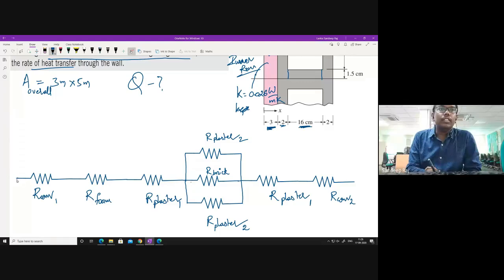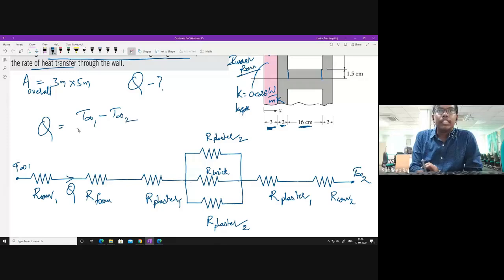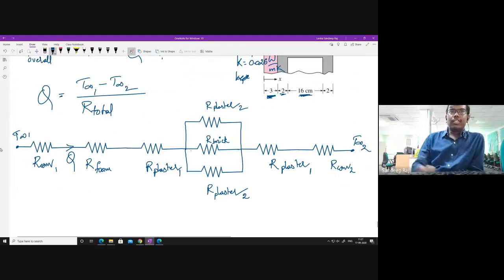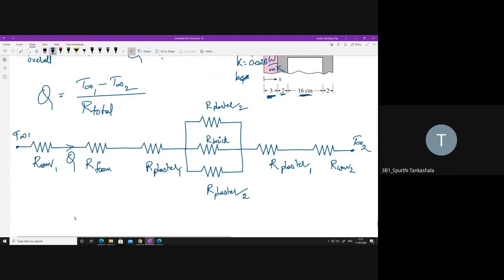The Q value depends on your T infinity 1 on this side and T infinity 2 on this side. Q is actually flowing like this. So Q is equal to T infinity 1 minus T infinity 2 by R total. And if you take R total, this is the sum of all these resistances.